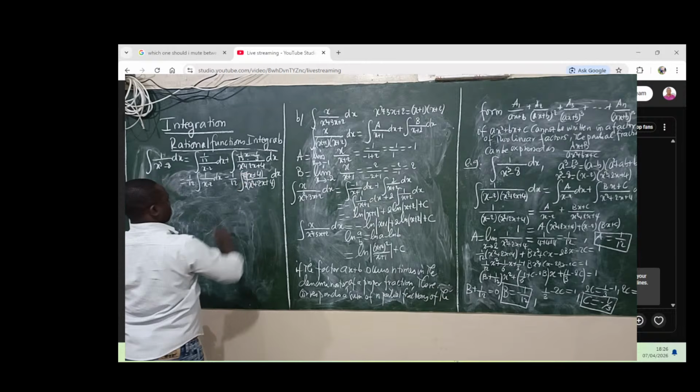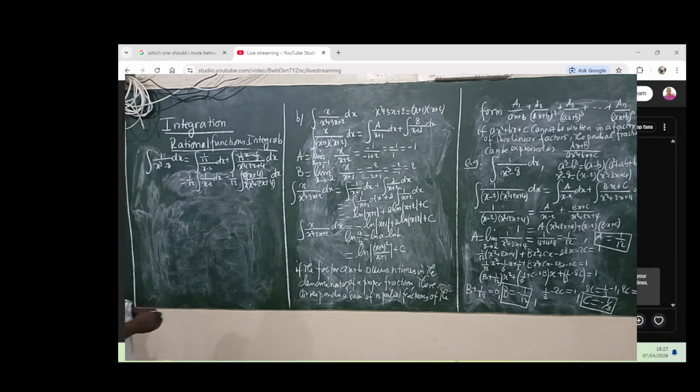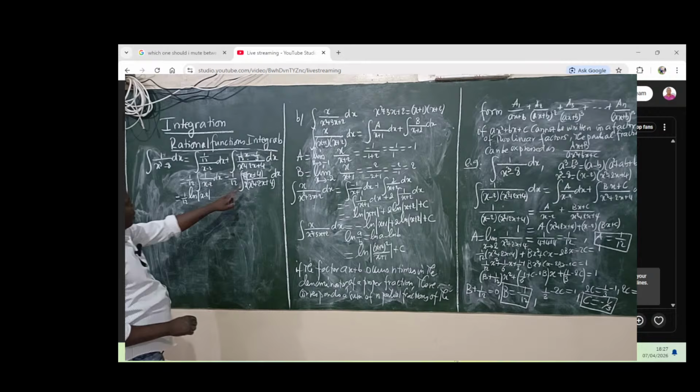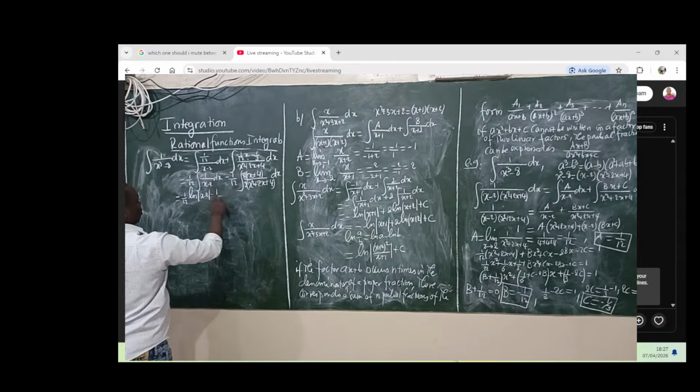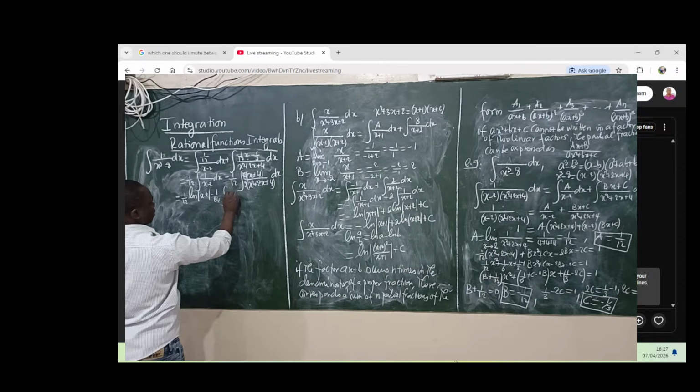This is going to be 1 by 12 times the natural log of x minus 2. These two, we multiply, minus 1 by 4, the integral of 2x plus 8 divided by x squared plus 2x plus 4 dx.